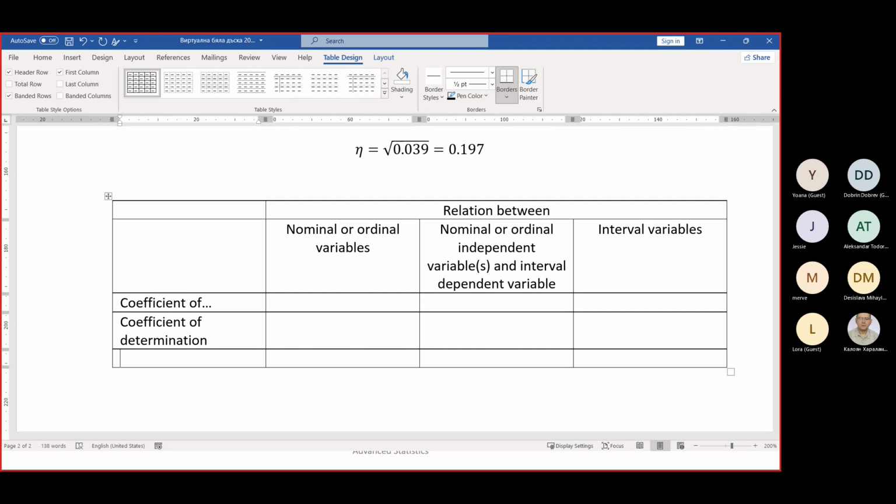And in the last row, coefficient of indetermination.